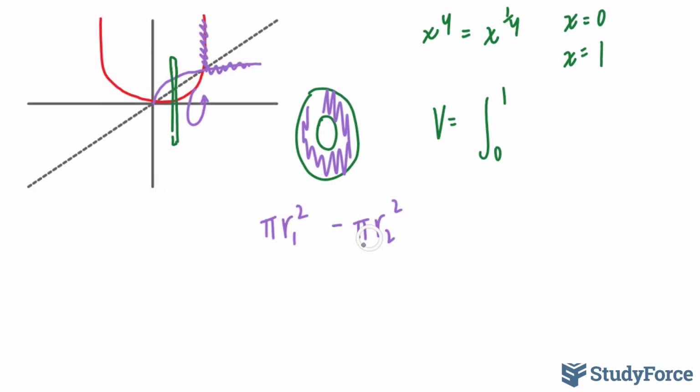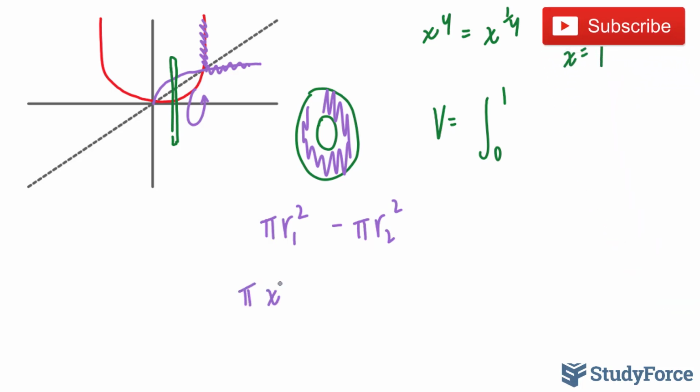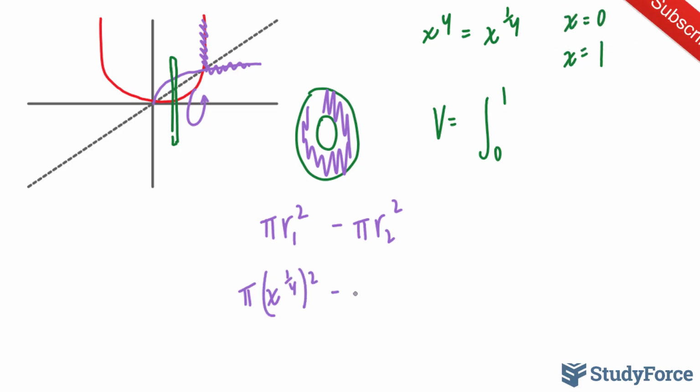I'm going to replace the r's with the function itself, pi times x to the power of a quarter, to the power of 2, minus pi times x to the power of 4, to the power of 2. Once again, I've replaced r with the function itself because the radius of this circle represents the function.